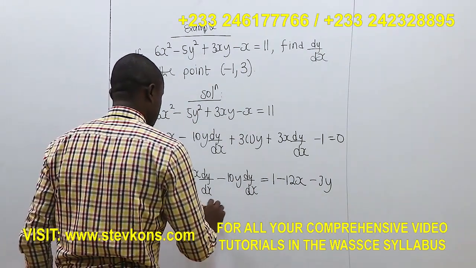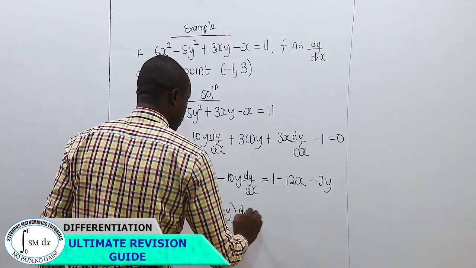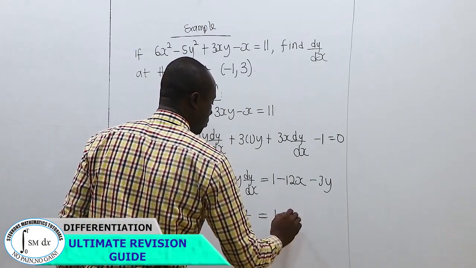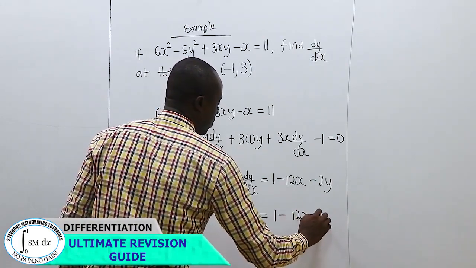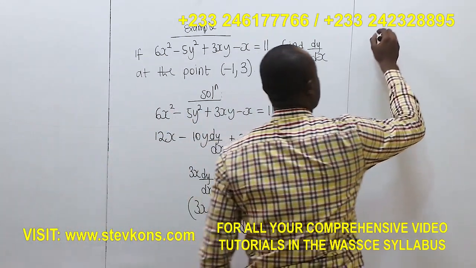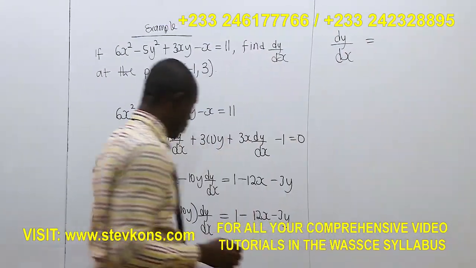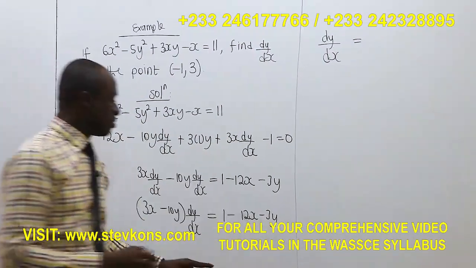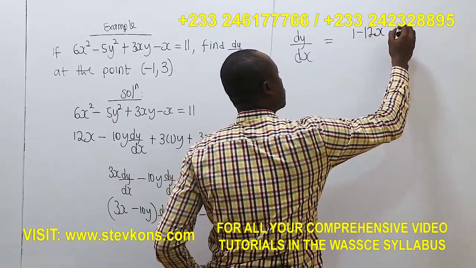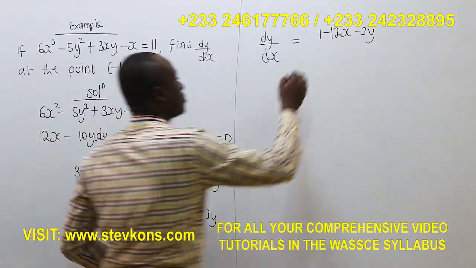So we have 3x minus 10y times dy dx, equal to 1 minus 12x minus 3y. We want to find dy dx. So clearly our dy dx will be equal to 1 minus 12x minus 3y divided by 3x minus 10y.